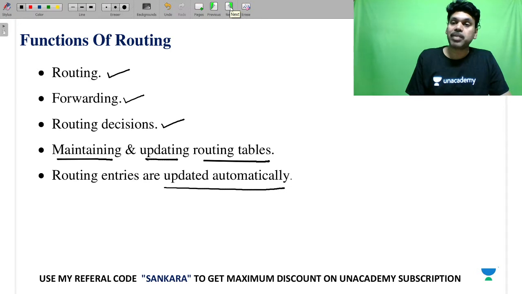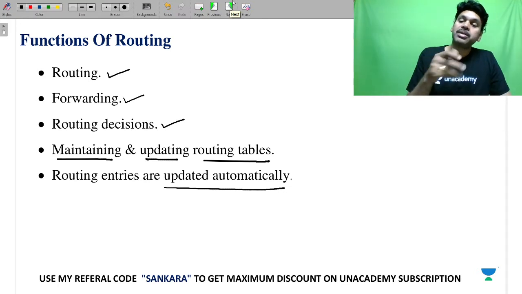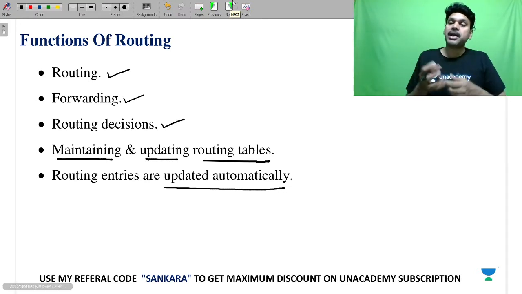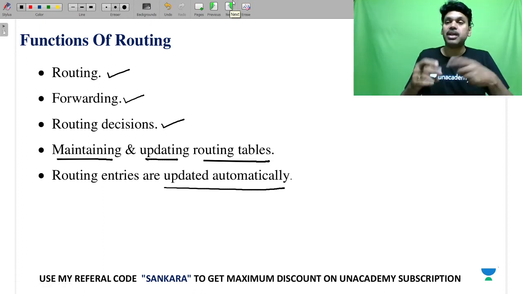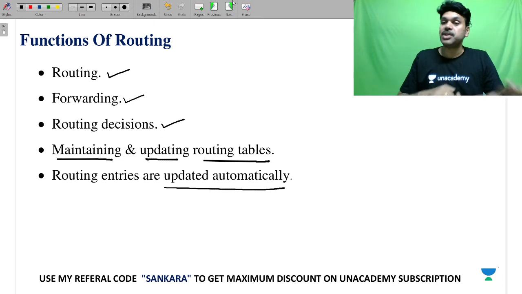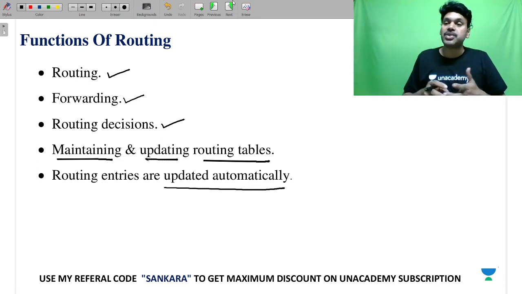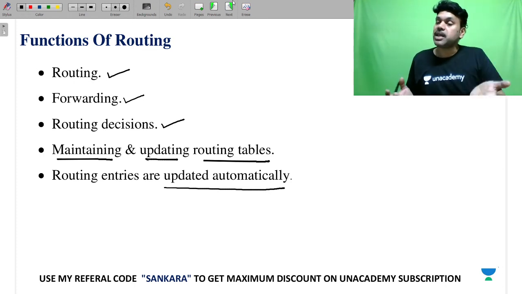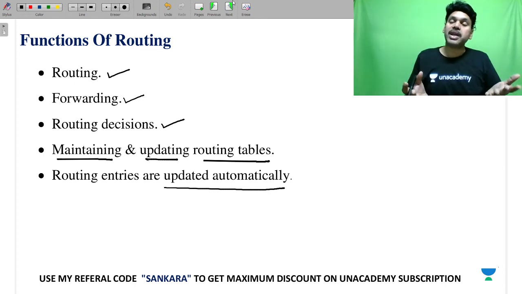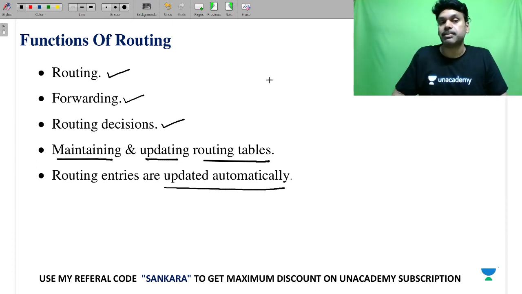They are plug and play. When you attach a new router, new entries are automatically added. When you detach a router, the entries are automatically updated. That means it always checks whether there is any change in your topology or network. Therefore, adding and removing of entries is done automatically.